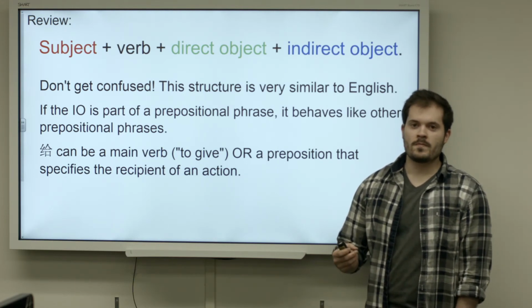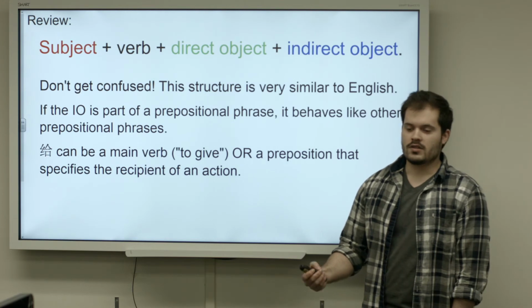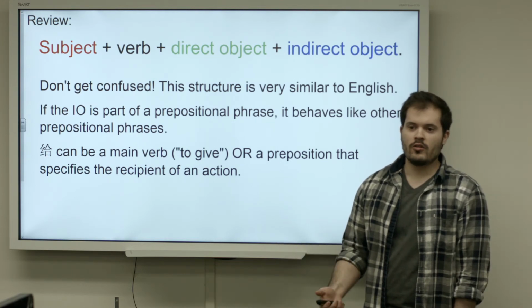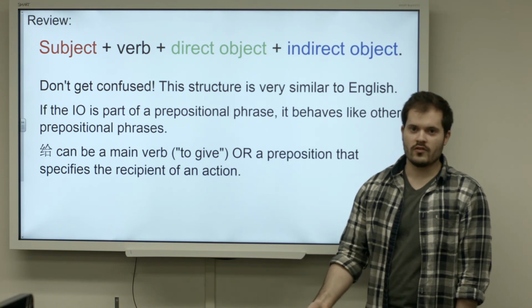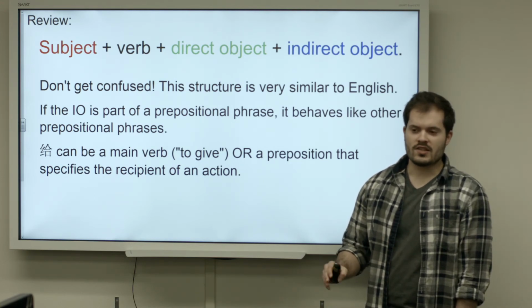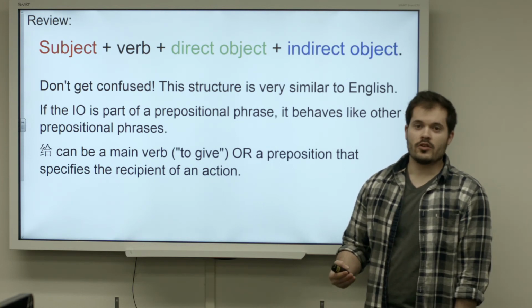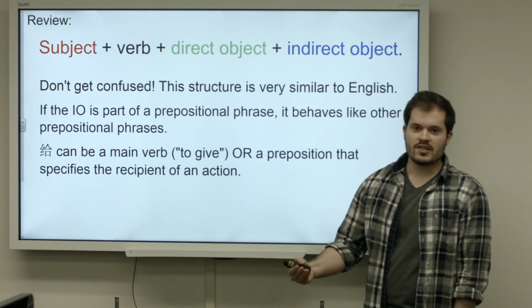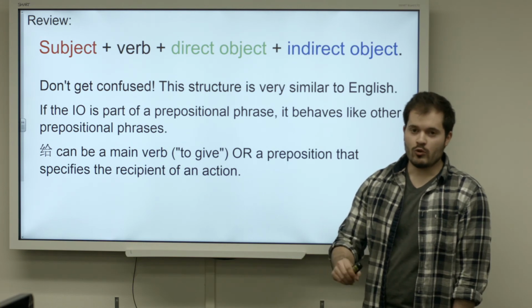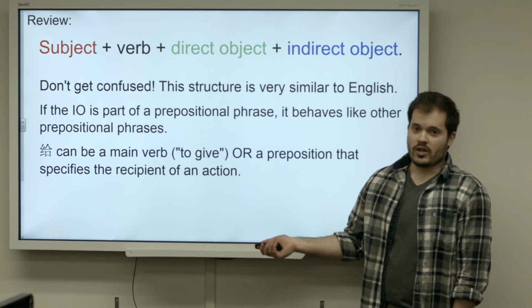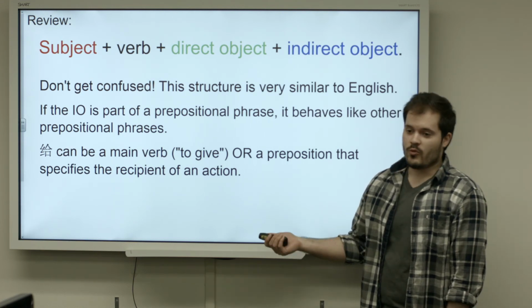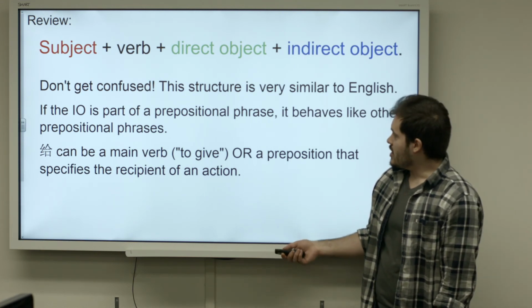So I want you guys to actively listen to the sort of structures that go with each verb, right? We saw the difference between 发, to send, and 送, to give. There are certain structures that sound better with those verbs, and those nuances are something you're going to be able to understand better if you actively listen or actively pay attention when you read or hear sentences that involve direct objects and indirect objects. So this is something that comes with practice, like all the Chinese language skills.